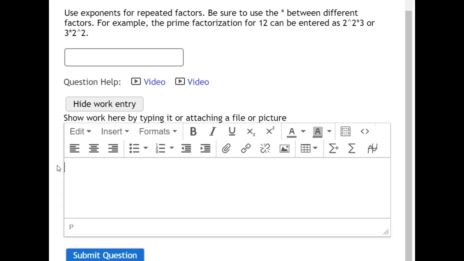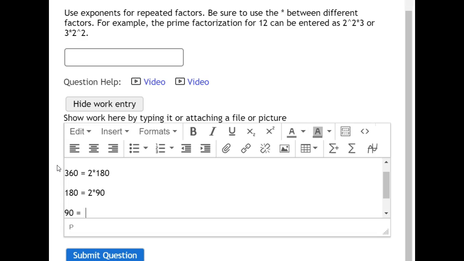There are different ways you could do this, but one way is to write the number that you're finding the prime factors for, and then hit enter and start breaking that number down. So you could say, okay, 360 equals 2 times 180. And then 180 equals 2 times 90.